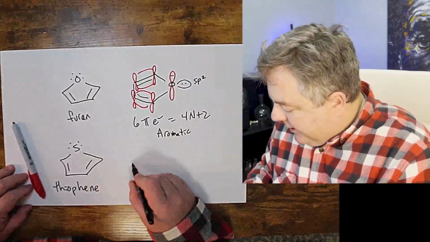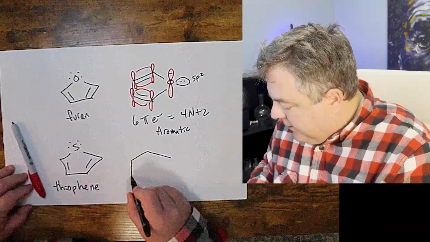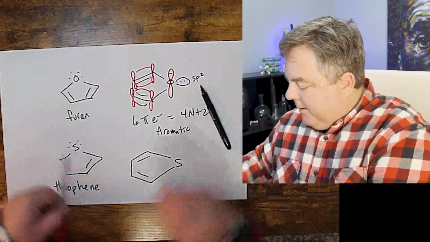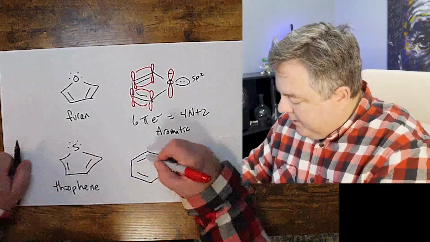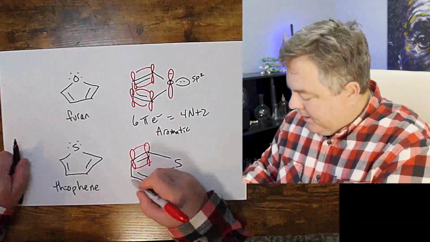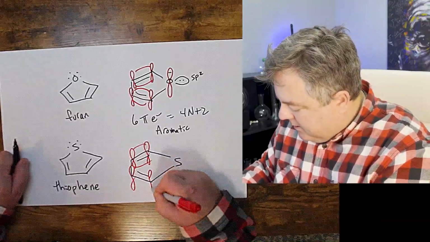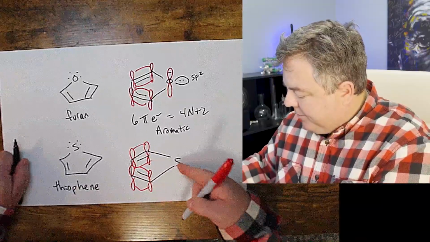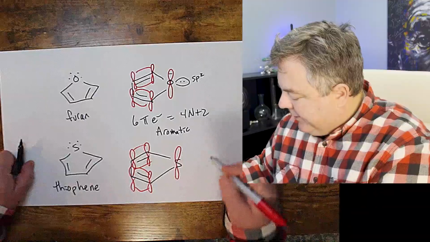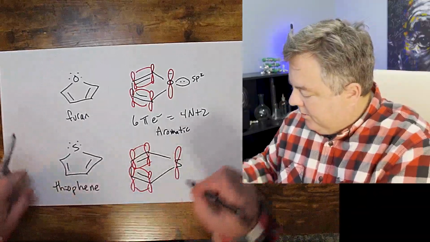It's the same for the thiophene. So let's draw this sulfur compound. Every time you see a pi bond, you draw your p orbitals, and they overlap to make that pi bond. Here's a pi bond. So these overlap to make this pi bond. So this sulfur, in order to be conjugated all the way around and make this aromatic, has a p orbital.